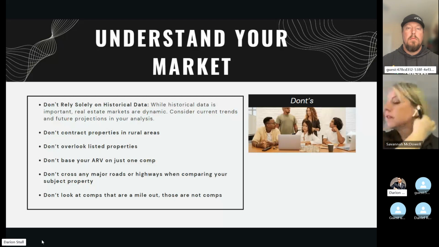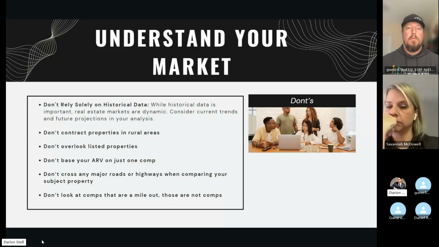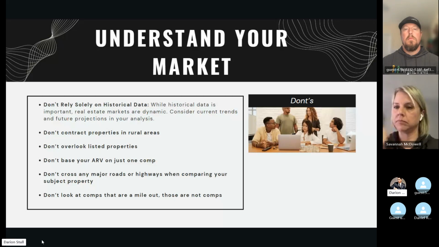If that property's sitting for 50 days and it's listed at 275, it's probably safe to say that 275 is a little overpriced. So you don't want to overlook the properties that are currently active on the market. You want to take those into consideration when determining your ARV as well.